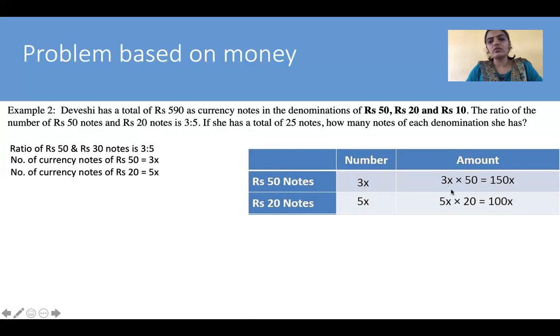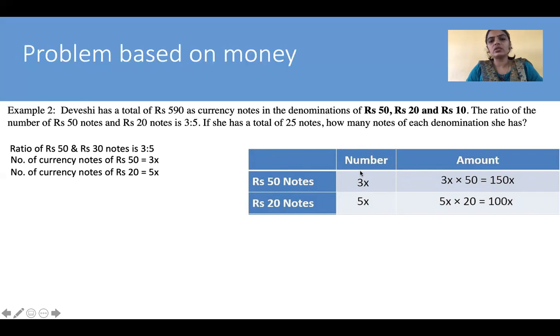So the amount from 50 rupee notes is 3x into 50, that is equal to 150x. How does it come? Suppose if you have one 50 rupee note, then how much money do you have? 50 into 1, that is 50. If you have two 50 rupee notes, then money is 50 into 2, that is 100.